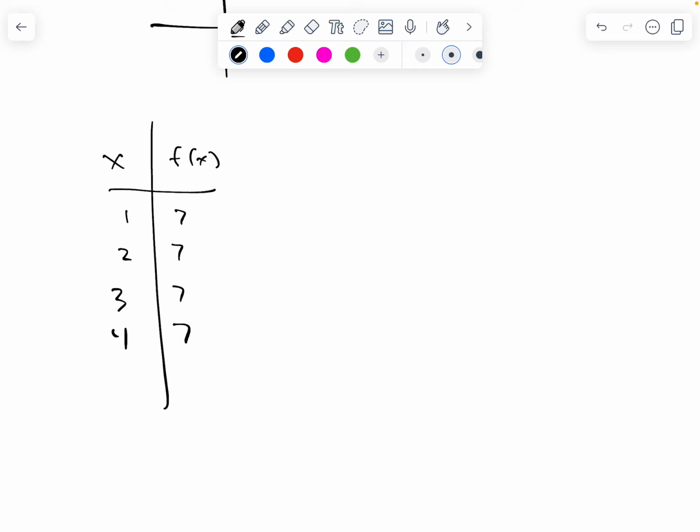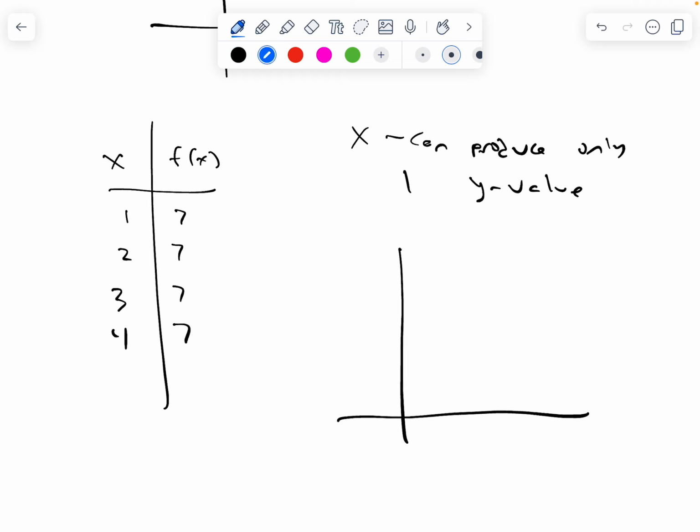A function is a rule where the x can produce only one y value. And when I graph this, what it's going to look like is this. 1 gives me 7, 2 gives me 7, 3 gives me 7, 4 gives me 7. If I connect those dots like this, I'm not going to have any issues with the vertical line test. In other words, this is a very consistent function. No matter what I put in, I always get a 7 out.